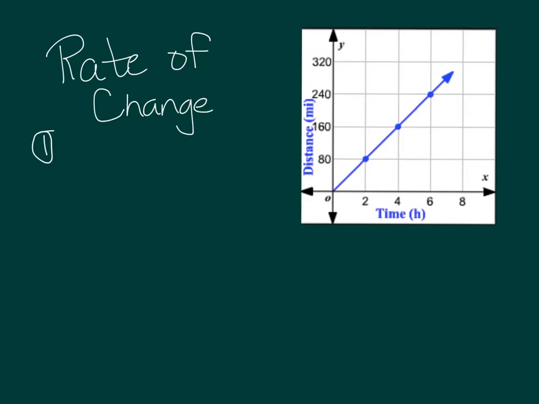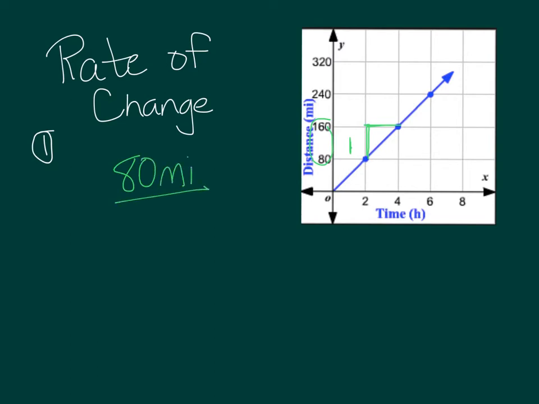Alright, so the rate of change of this line. What we want to do is, there's 3 points, as you can see. So there's 1, 2, 3. Whenever you're finding rate of change, you only need 2 points. So we can find any 2 points, if you can get the closer 2 points. So this one, the rate of change is it's going to go up 1 unit, but you have to remember 1 unit is 80 miles.